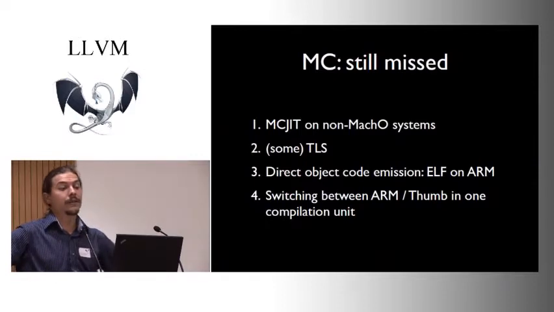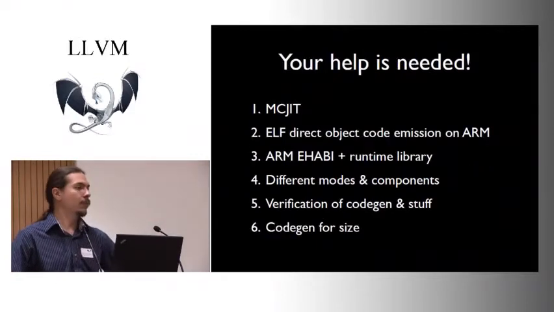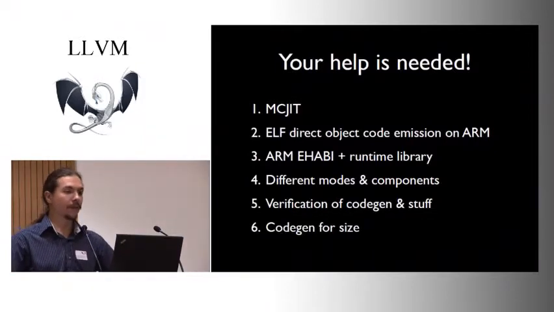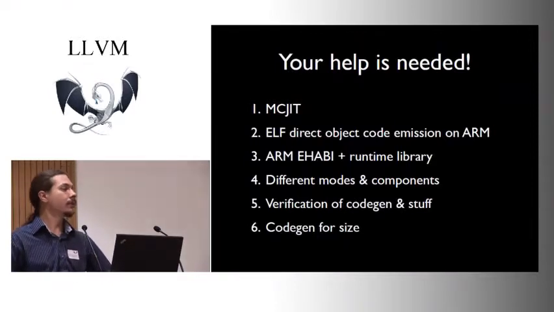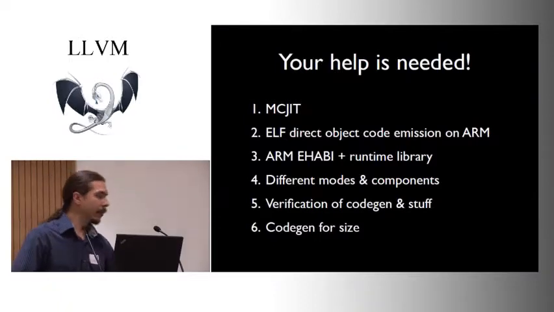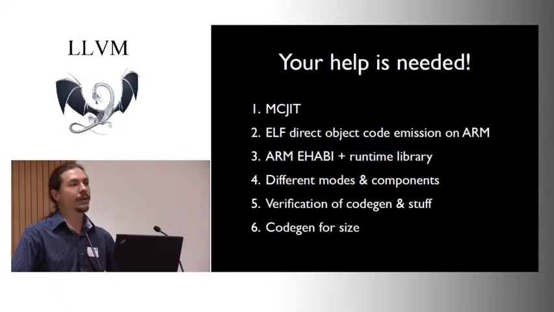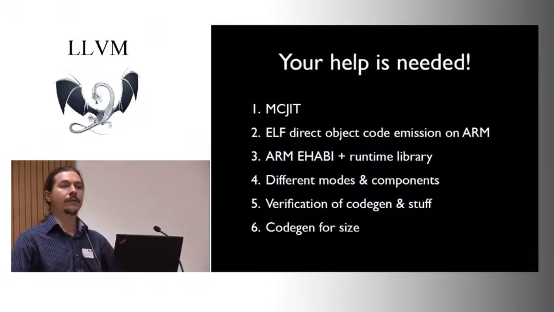So let me summarize what is still missing, and what is really, really welcomed from the community. First thing is the MCJIT, then ELF direct code emission on ARM. Next thing is exception handling on ARM and the runtime library. So one should verify stuff and implement the unwinding library.